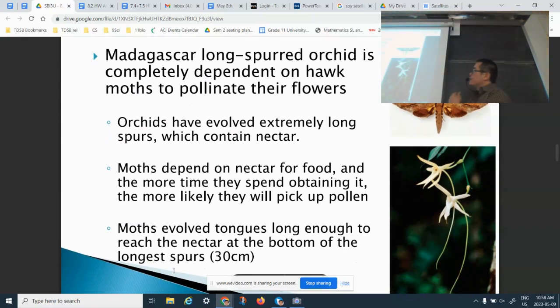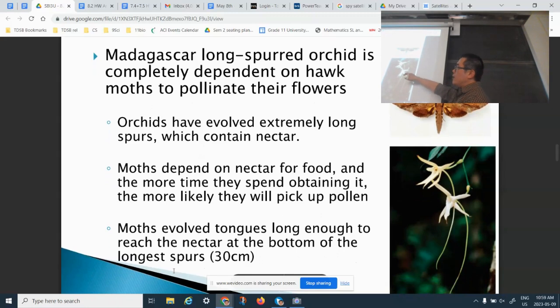In this case, the orchid here is completely dependent on this hawk moth to pollinate its flowers, for reproduction. Because the moth wants to get the nectar from it, the orchid also evolved very, very long spurs, so that it will contain the nectar for the hawk moth to have.